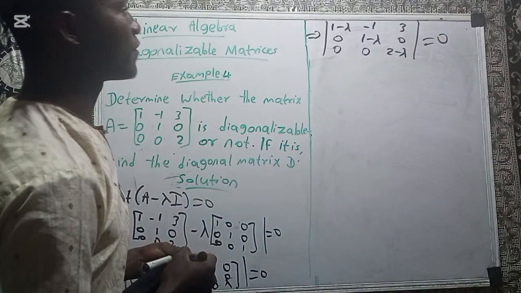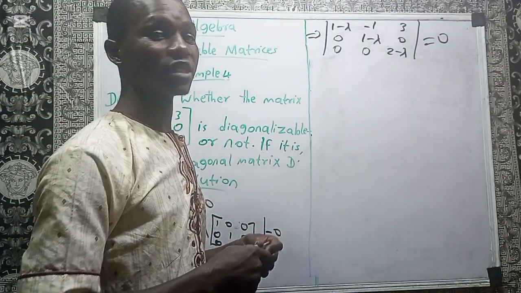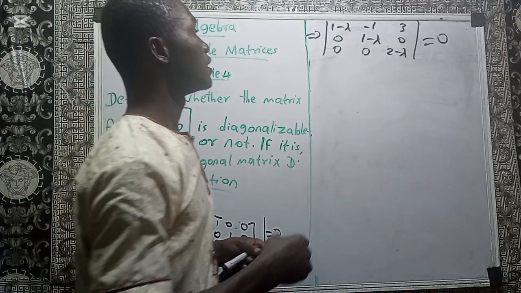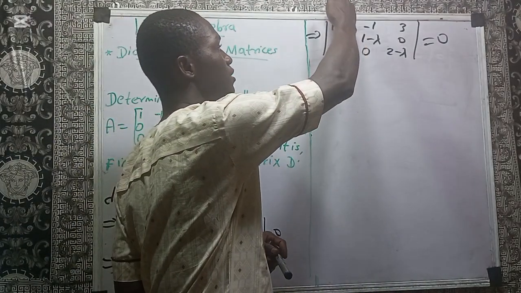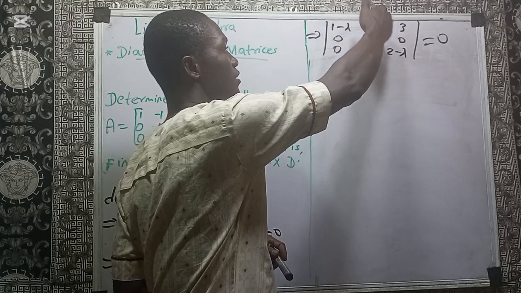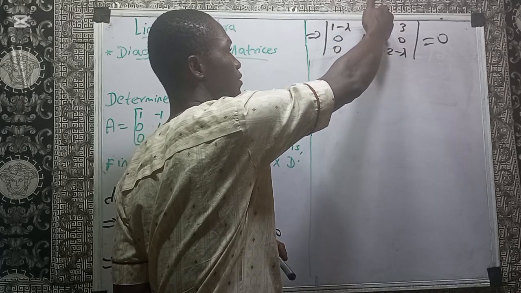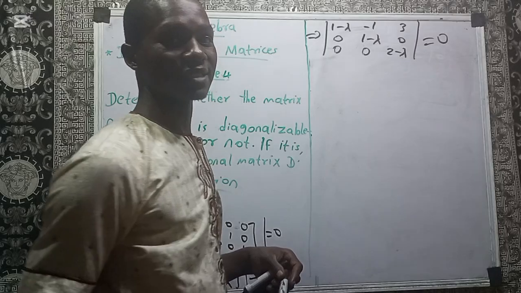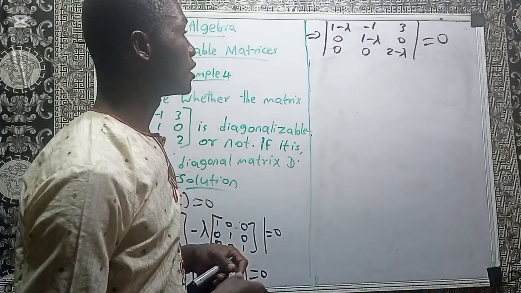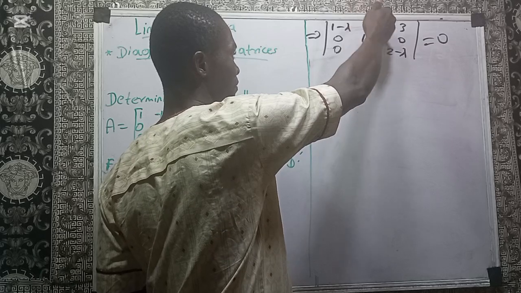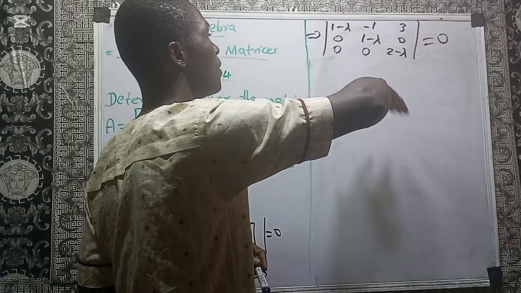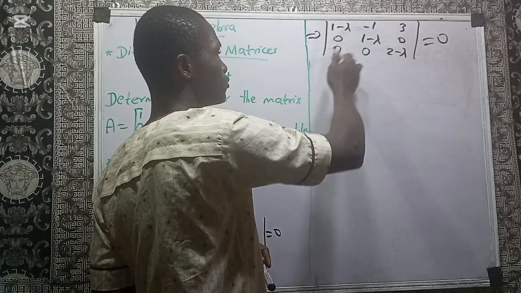So with this we have an upper triangular matrix. In an upper triangular matrix, after the principal diagonal, the entries up, you should get at least one non-zero number. So we have non-zero numbers after the principal diagonal up, but below the principal diagonal you have what?